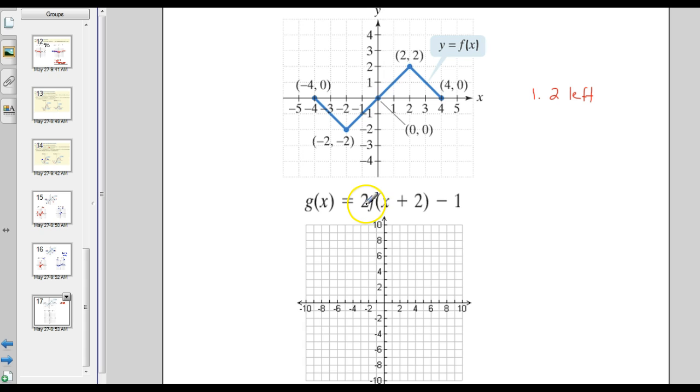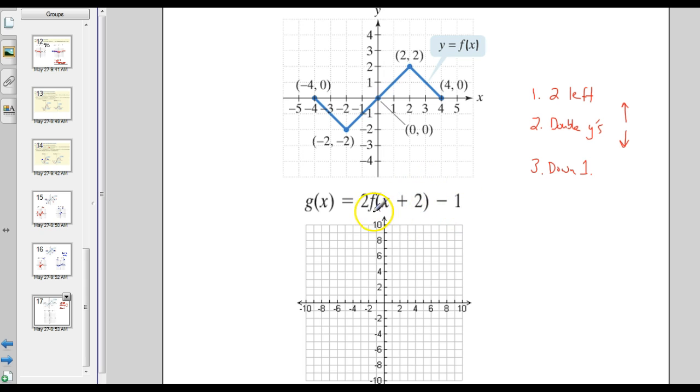Okay, double, right, when we double after the f, that's the y-coordinates. So double the y's, right, that we're going to stretch away from the x-axis. And then the -1 is down 1.